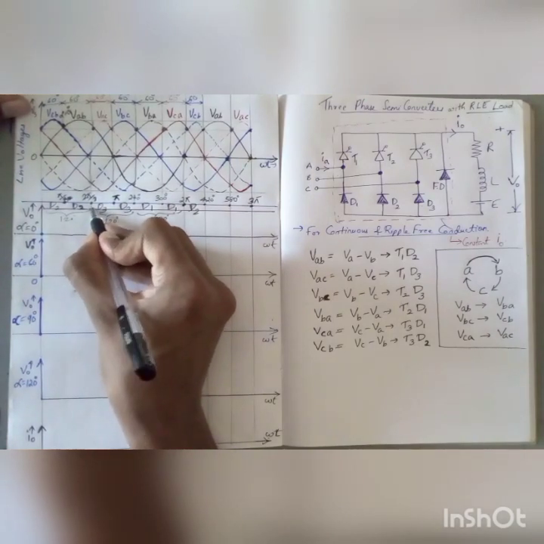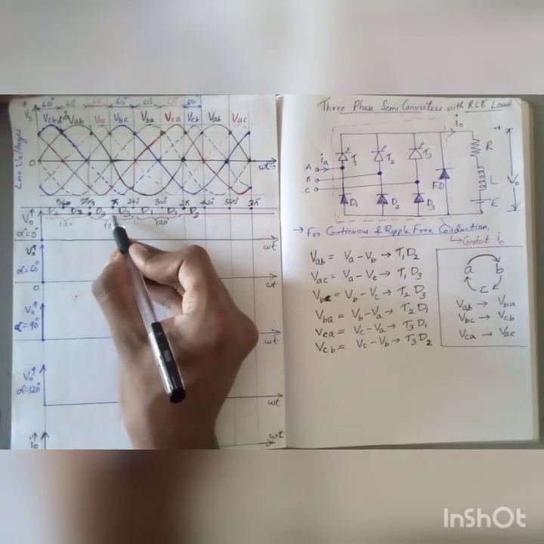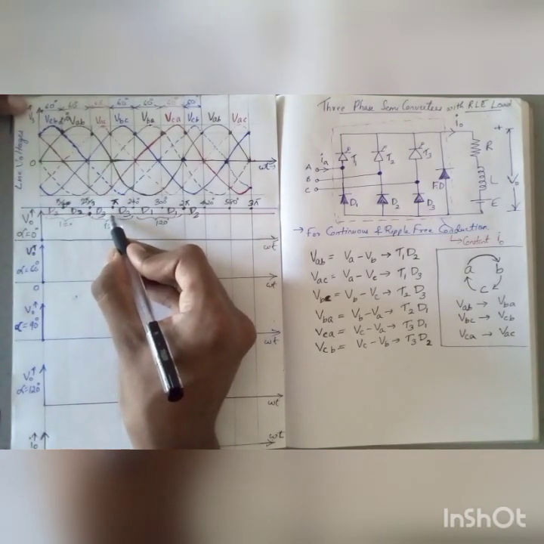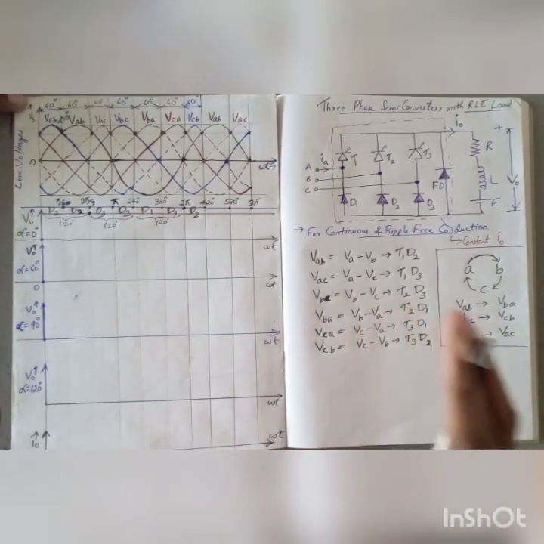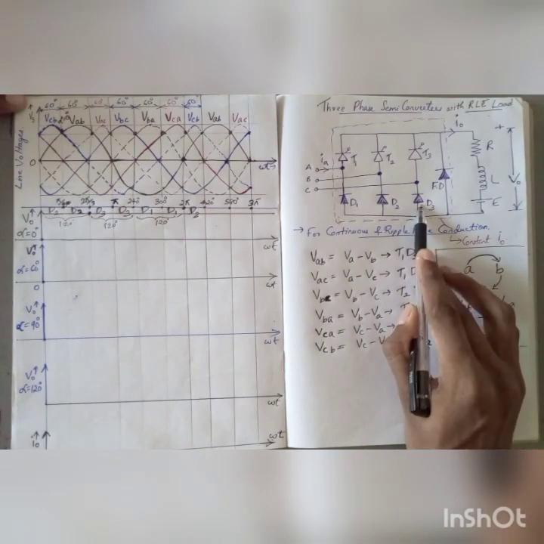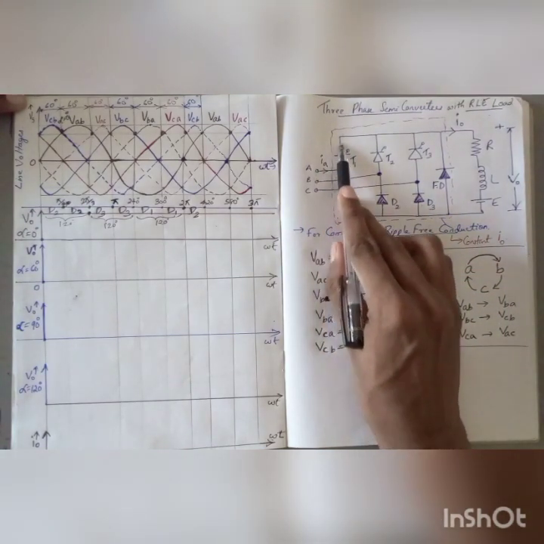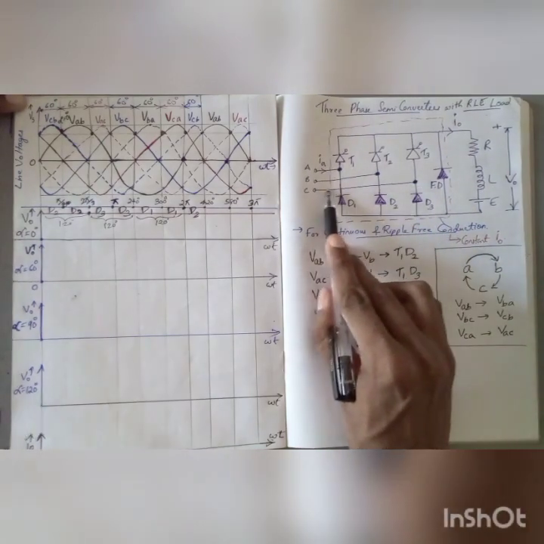From this point onwards my D3 is conducting. Already my T1 is triggered. So T1 and D3 are conducting, which means which voltage is appearing across my V0? VAC.